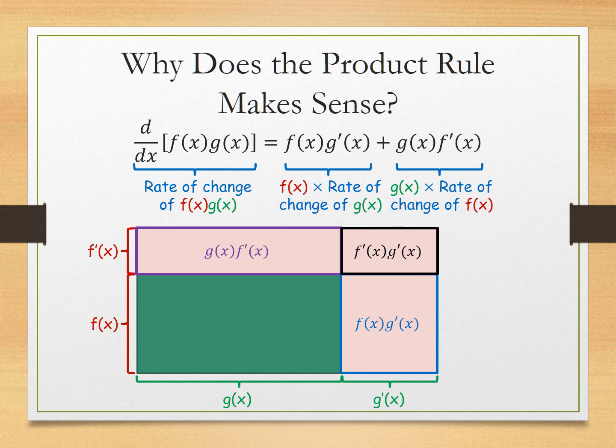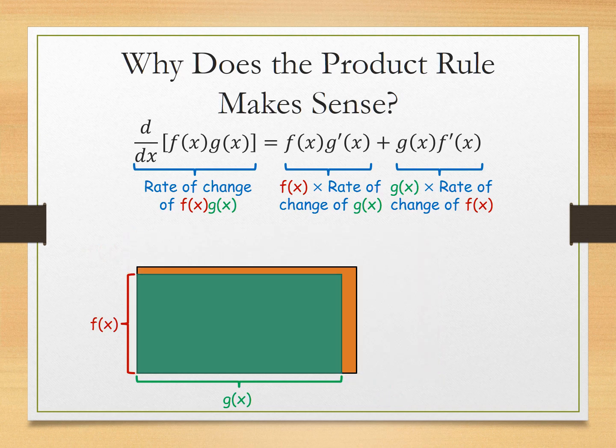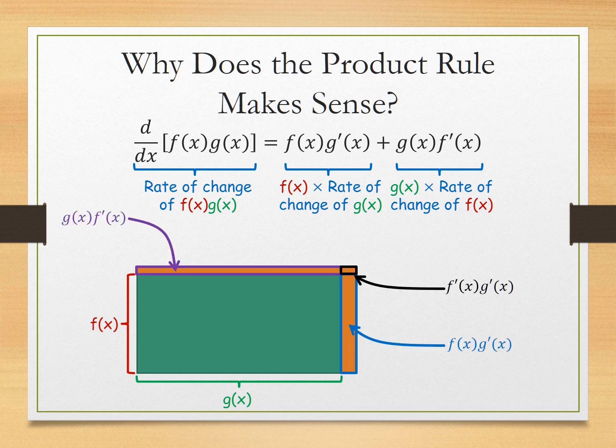So let's see what happens with a smaller change. Okay, this is a smaller change, and these are the corresponding areas from previously. Have you noticed how fast the areas are getting smaller? In particular, notice how much smaller the black area is versus the other two.